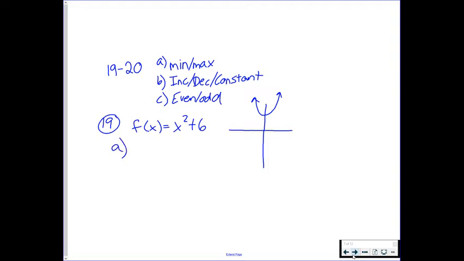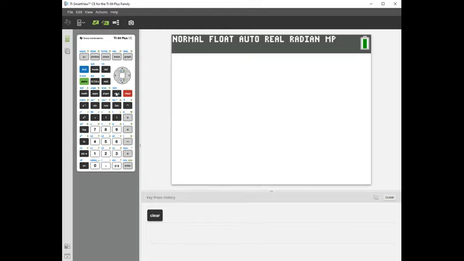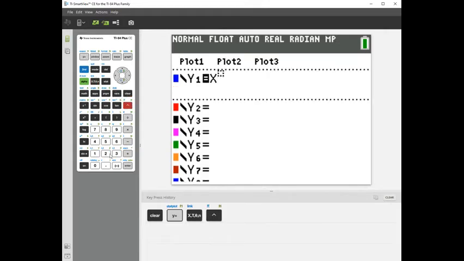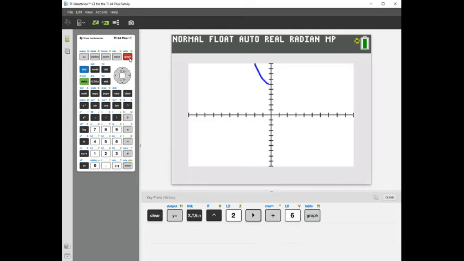On part A, this does have a minimum because it's got a low point in the graph. Now let's go find that minimum value in your calculators. To find the minimum value in your calculator, first we need to type in the function x squared plus 6. And you can graph it to see what that's going to look like.